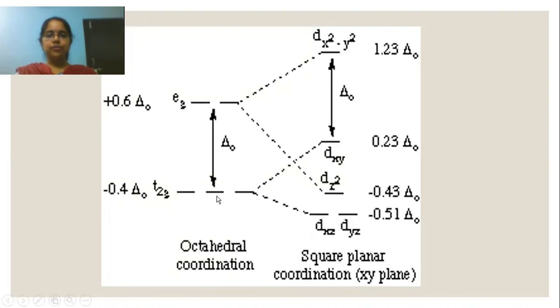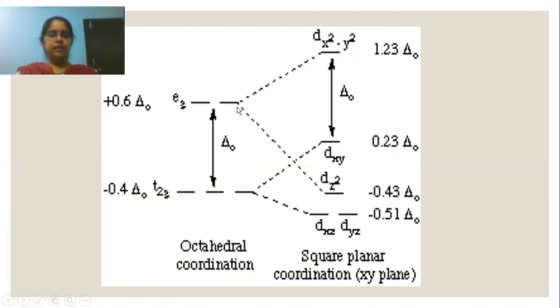In this there are two orbitals in the z plane and one orbital in the xy plane. The orbital in the xy plane undergoes more repulsion and its energy increases, whereas the orbitals in the z plane undergo less repulsion and their energy decreases. So the t2g set again splits into dxy with a higher energy, and dyz, dzx with a lower energy.